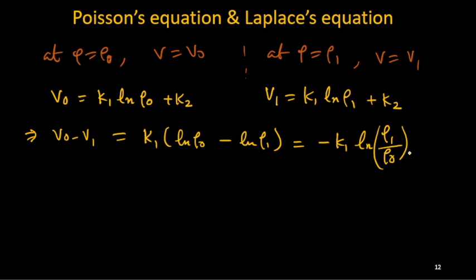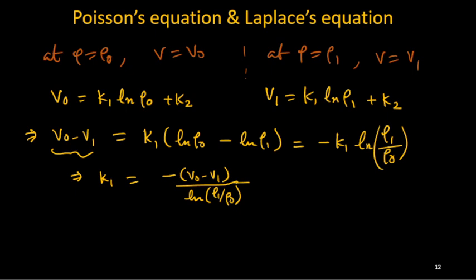So this is the voltage difference that we have related. So what is K1 right now? K1 is nothing but minus V0 minus V1 upon ln rho 1 upon rho 0.